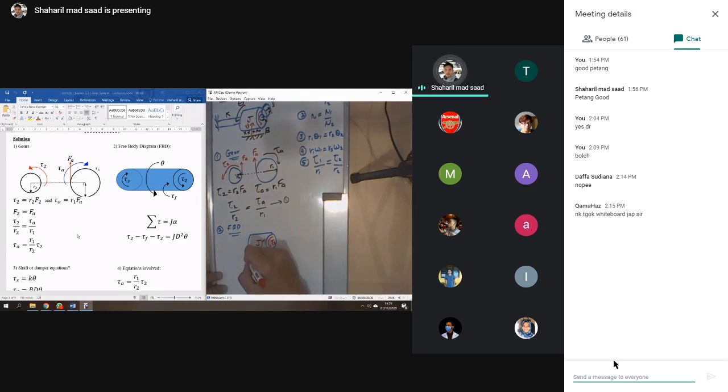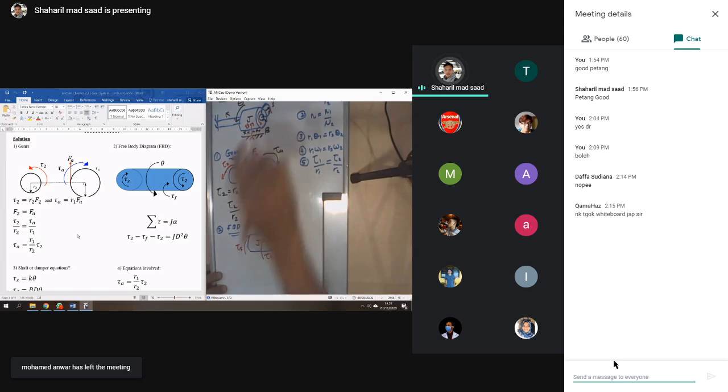So you will have TS, the torque from the shaft. Remember: TS, TF, and T2 is from the gear.